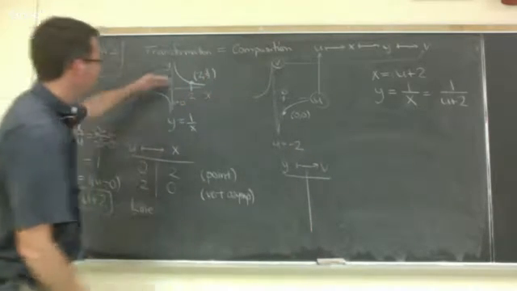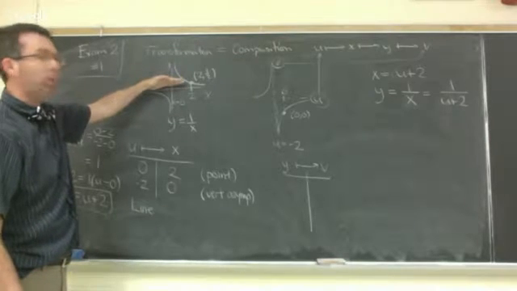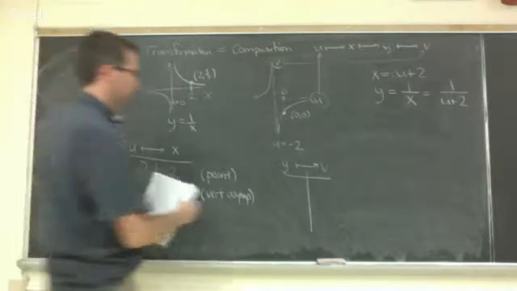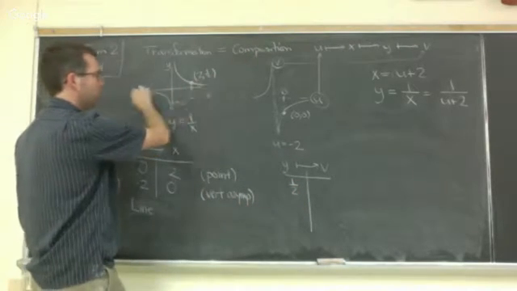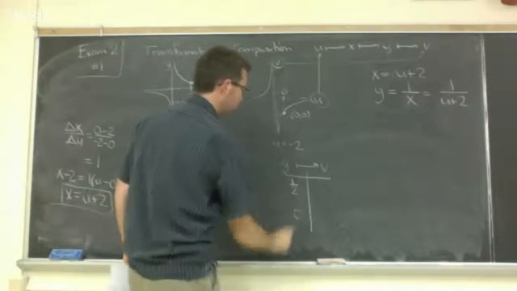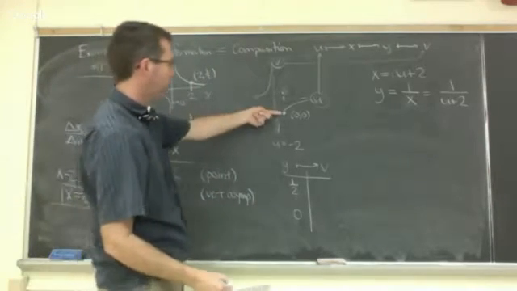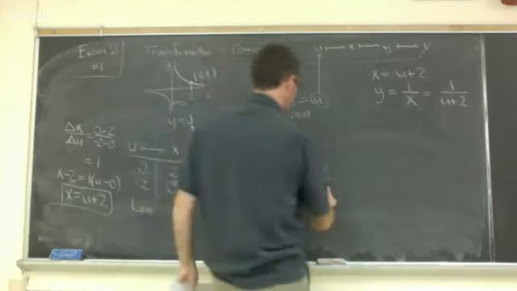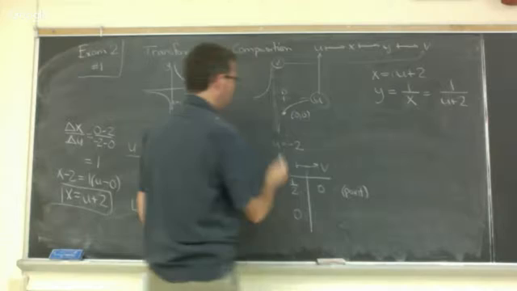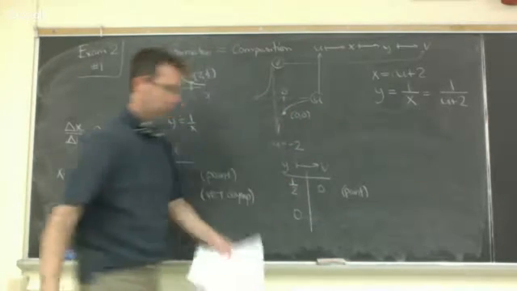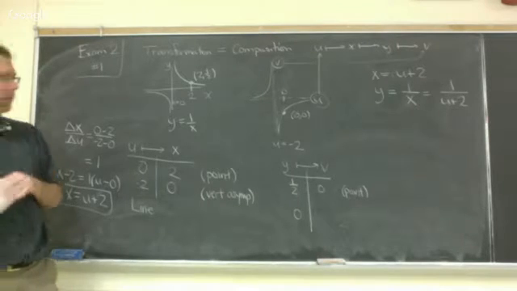So I look at this graph, and what are the two y values I know? I know the point at 1/2, and I know the horizontal asymptote at 0. So where do those go in the new function? Well, the point goes to 0, and the asymptote, what do I say, is at 5.